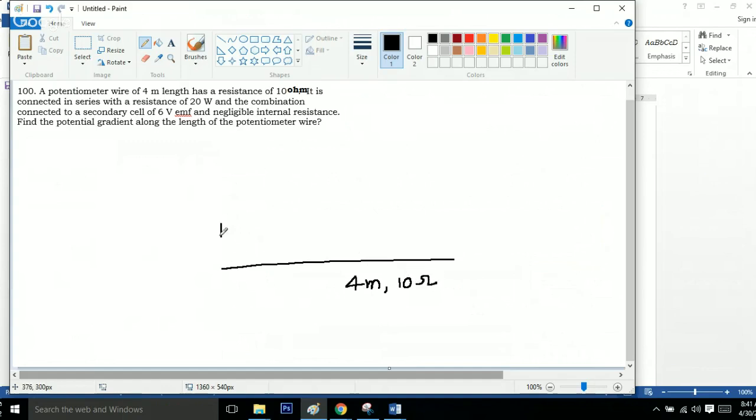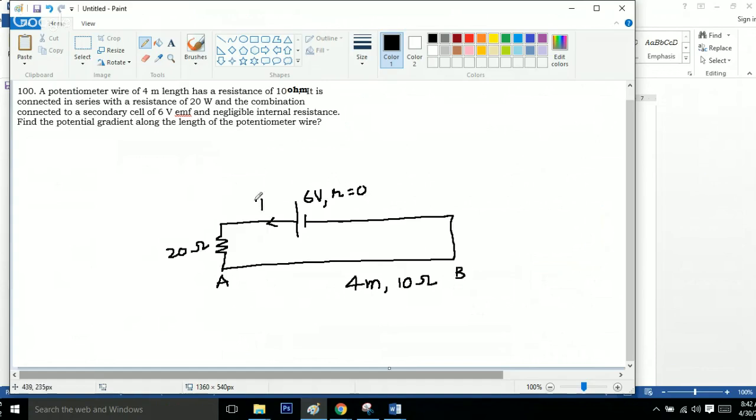It is connected to some 20 ohm in series, and it is connected to a cell. The EMF of the cell is 6 volts. Small r is negligible, 0. Then, my dear, why can't you find? This A to B is potentiometer wire.